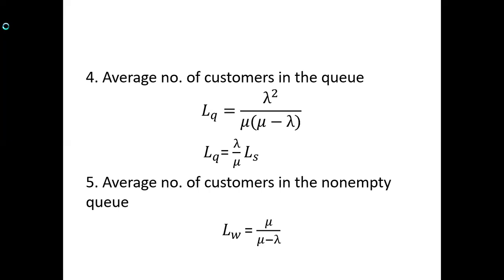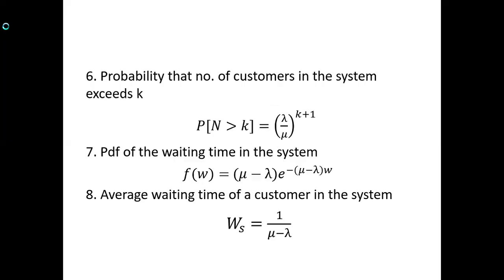Average number of customers in the non-empty queue will be represented as LW, which is given by 1/(mu minus lambda). Probability that the number of customers in the system exceeds the value k is given by the probability of n greater than k, which is (lambda/mu)^(k+1). The PDF of the waiting time in the system is given by f(w), which is (mu minus lambda) e^(-(mu minus lambda)w).